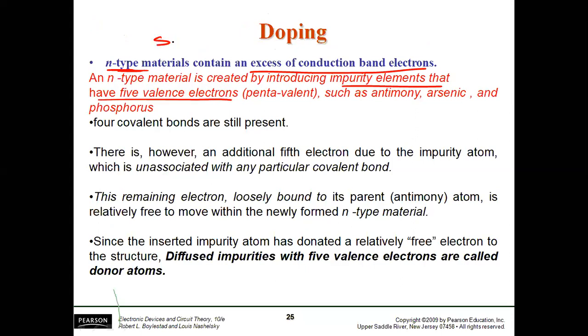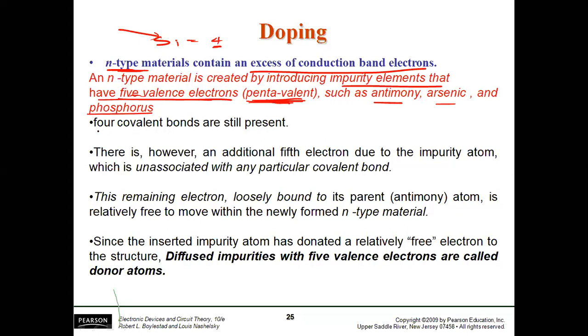Silicon has 4 valence electrons, so if you want free electrons, you should replace the silicon with atoms having more than 4 electrons. Generally we add elements that belong to the fifth group, pentavalent impurities. Elements of the fifth group have 5 valence electrons, pentavalent materials like antimony, arsenic, and phosphorus.